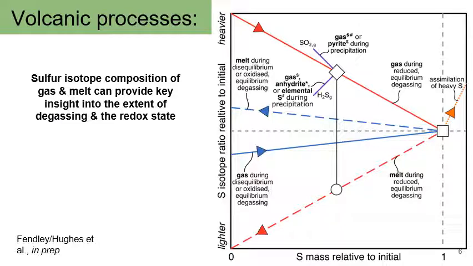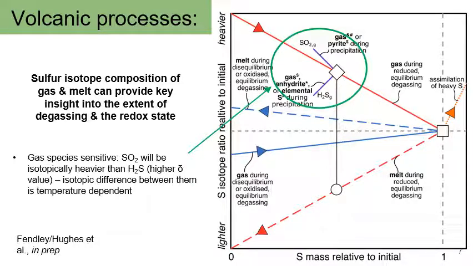And in addition to the original source of the sulfur, volcanic sulfur isotope composition is also affected by volcanic processes, in particular degassing and precipitation of sulfur-bearing minerals. And these processes get pretty complicated pretty quickly, but the important takeaway is that sulfur isotope composition of both gas and the melt evolve during degassing, and so they can provide key insight to the extent of degassing and also to the redox state.